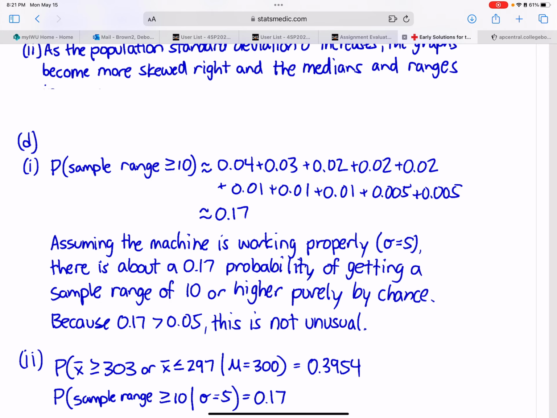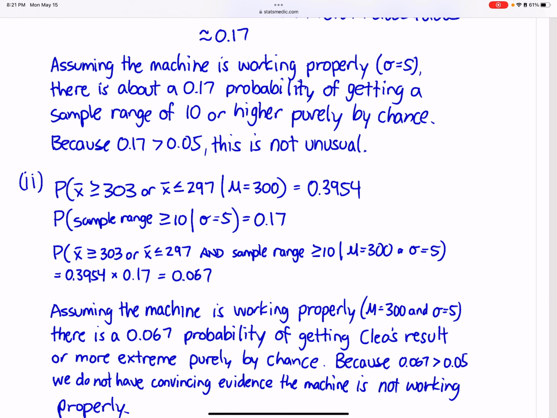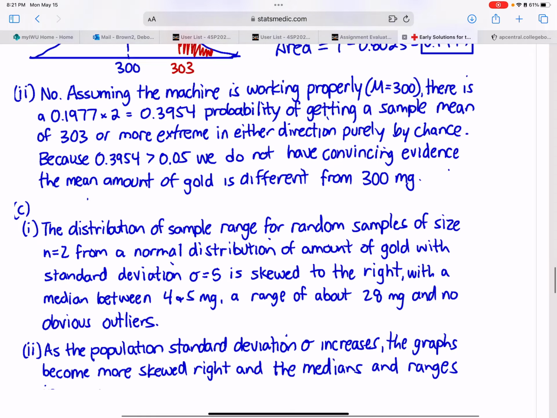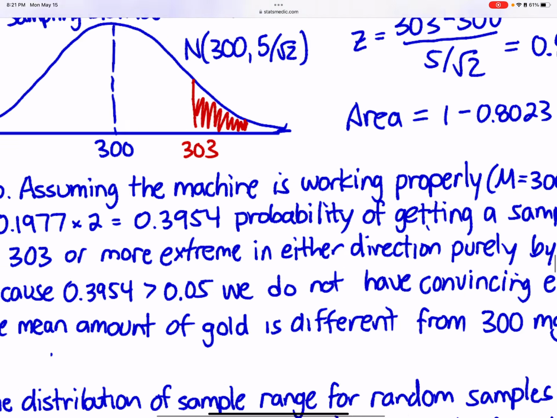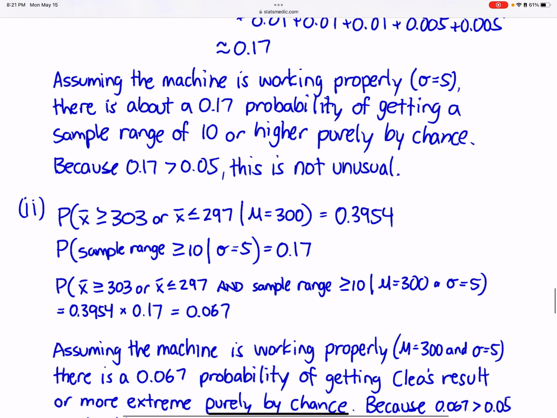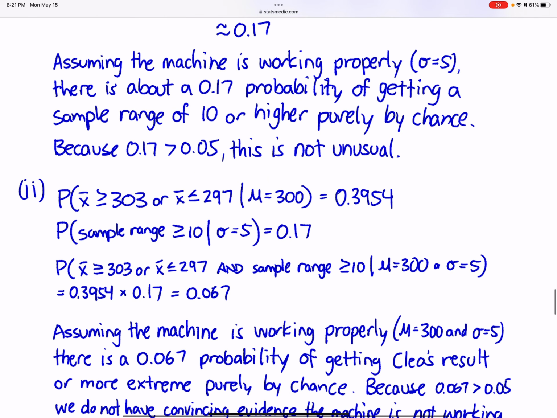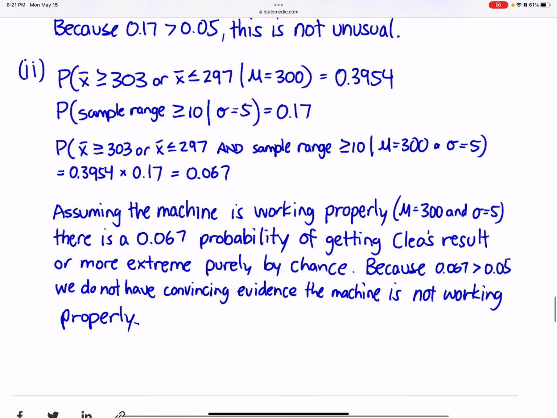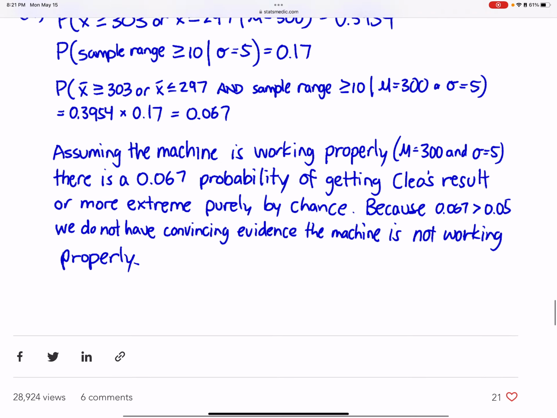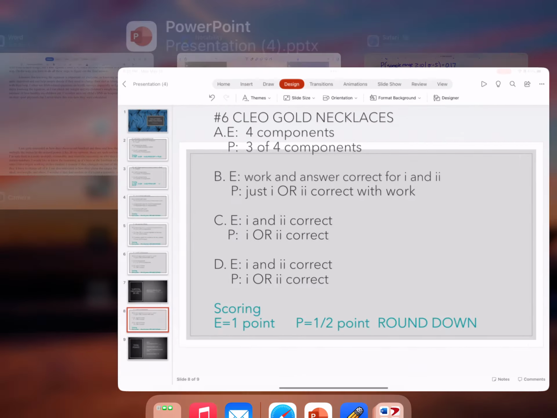You can see the probability of getting greater than 303 given 300 was 39.54%. Remember, that came from this one. And then the next one was the one we just found in the previous problem, 17%. Because they're independent probabilities, you can multiply them together to get 0.067. But guess what? That's still greater than 0.05. And so, because 0.067 is greater than 0.05, we do not have convincing statistical evidence that the machine is not working properly. All right, that completes the scoring.